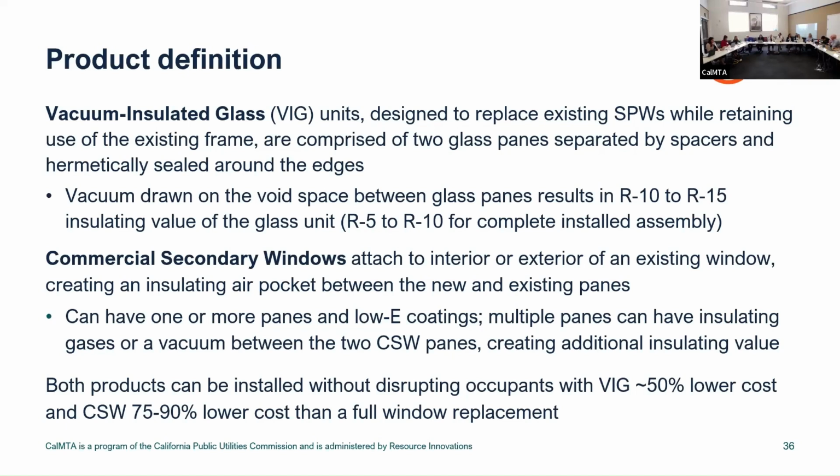So if replacing that window was $1,000, it'd be about $500 for VIG, and about $100 to $250 for secondary windows. There's a pretty big range. That's a ballpark. That data also comes from a few sources, including the NIA field study, but it is very building specific. So that's one of the reasons there's a range.